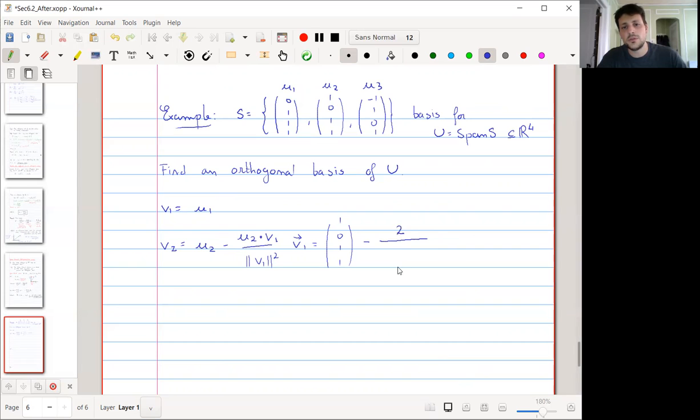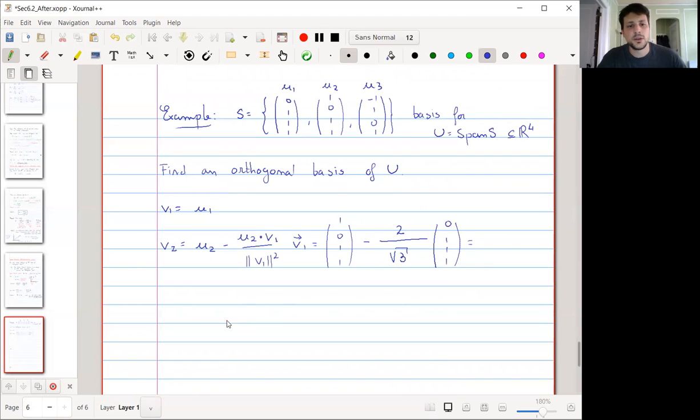So that becomes a 2. The length of v1, which is equal to u1, is the square root of 3, just by summing the squares of its entries and then taking a square root. And this is the coefficient in front of the vector v1, which is 0, 1, 1, 1.